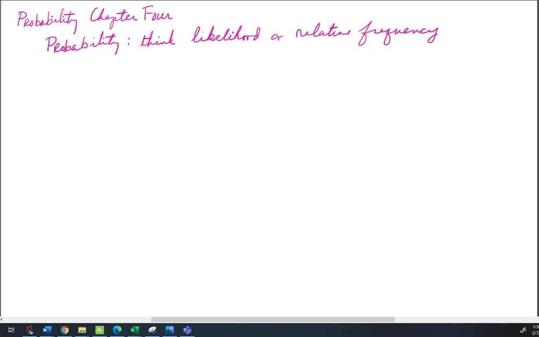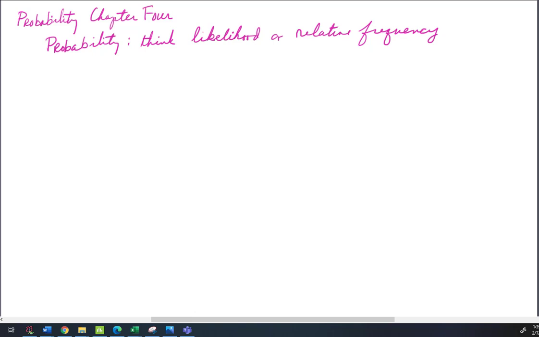Today we want to talk about Chapter 4 in our statistics course, and that chapter is titled very simply Probability. Probability is necessary to understand what comes in the later chapters. Statistical decisions are based upon probability.